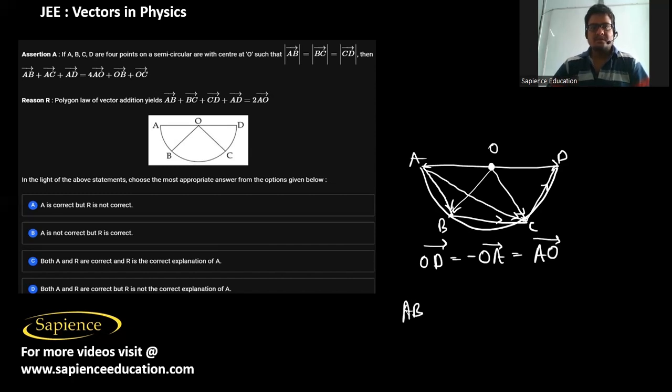Here AB vector plus BC vector is equal to AC vector.